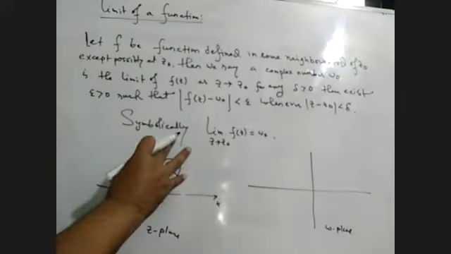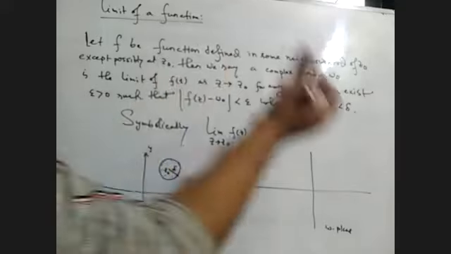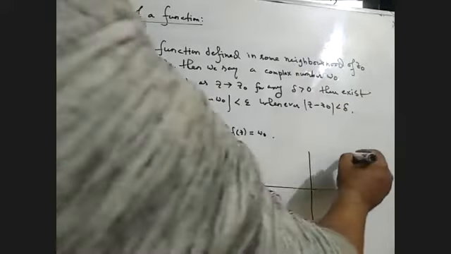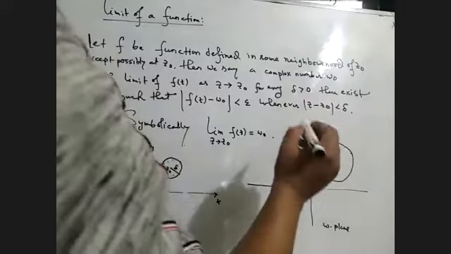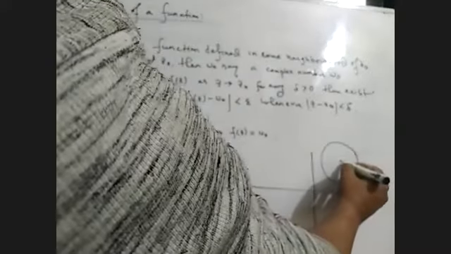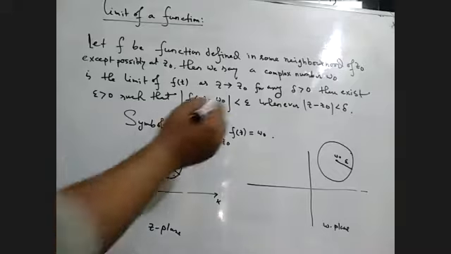So this is the input. For this input, what will the image be? For every z we get f of z. The center will be w naught. We get another circle with epsilon radius.